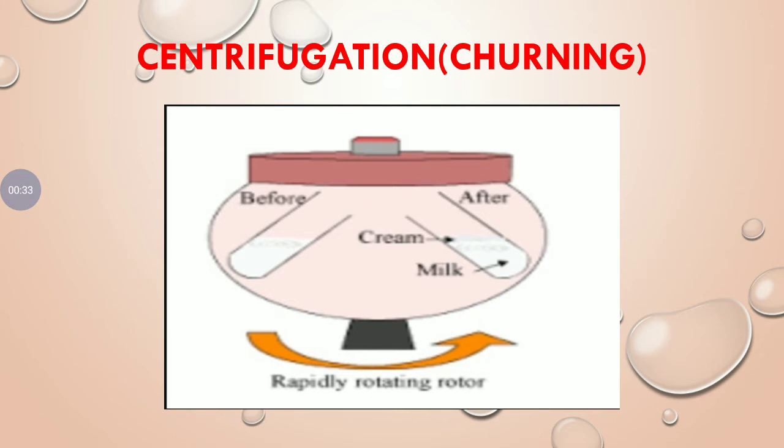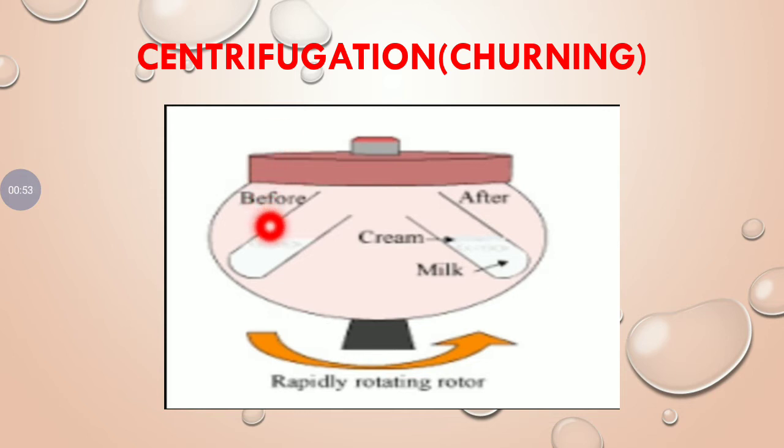This is the picture of a centrifuge, inside which, in a test tube, the mixture of solid with liquid is kept and it is rotated at a very high speed. Then you can see here, this is the case before. What happens?